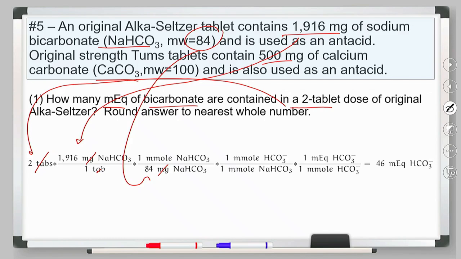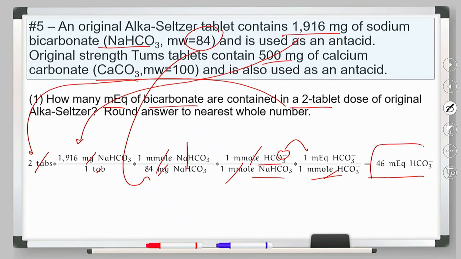Let's split that molecule in half. There is 1 sodium in every 1 sodium bicarbonate, meaning there's 1 bicarbonate. So here we have the 1 bicarbonate out of the 1 sodium bicarbonate. So now I'm in millimoles of just bicarbonate. And again, looking at the charge here, it's a -1. So there's a 1 charge for every 1 molecule. So again, that would in the end give me a total of 46 milliequivalents of bicarbonate.